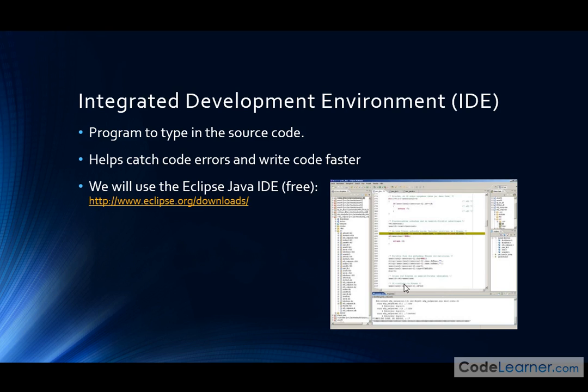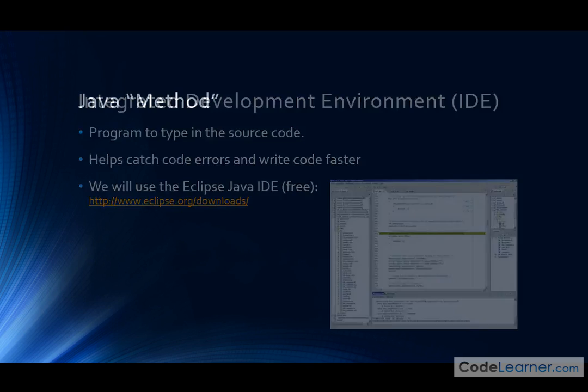You have a center screen where you type your code, and you can barely make it out, but you can see that there's some color in here, and it tries to make your code a little bit easier to read. Although you can write your entire program in Notepad, just having black and white text is going to make your code very hard to read. So using an IDE makes it easier to read and easier to catch errors because of that. I'll show you how to install that and use this in just a few lessons.